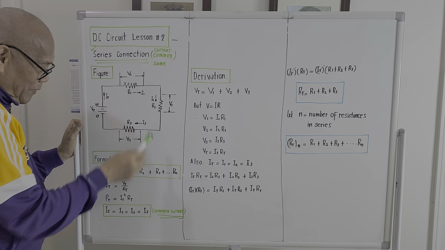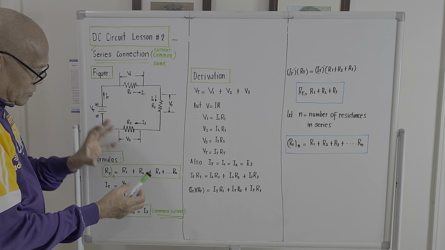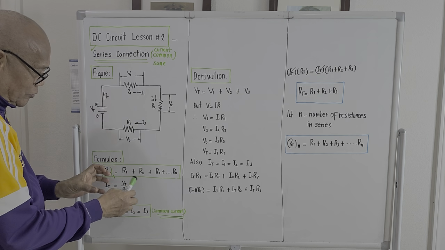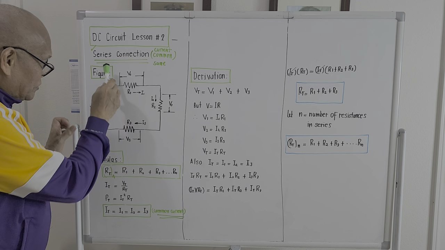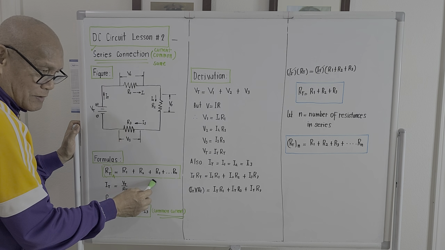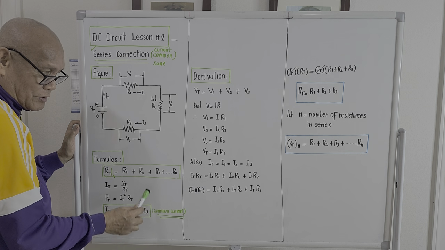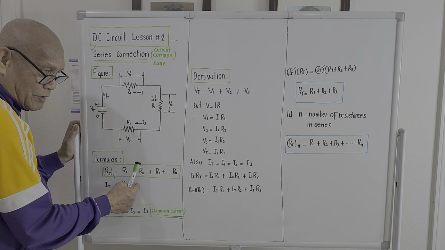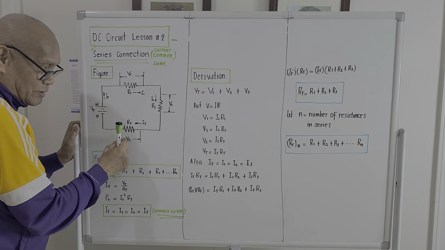So by knowing this, even if you cannot see the figure, if they give you this equation here, you could say that the connection is a series connection. Property number 1: the total resistance is the summation of all the resistances. Property number 2: the current should be common to each individual resistance.